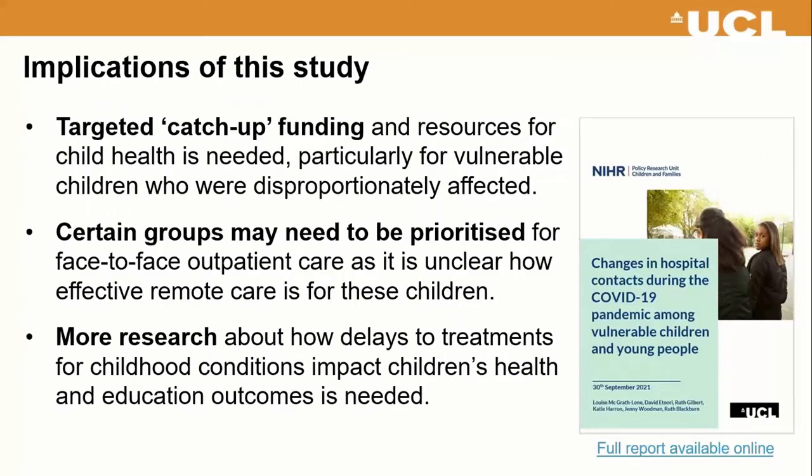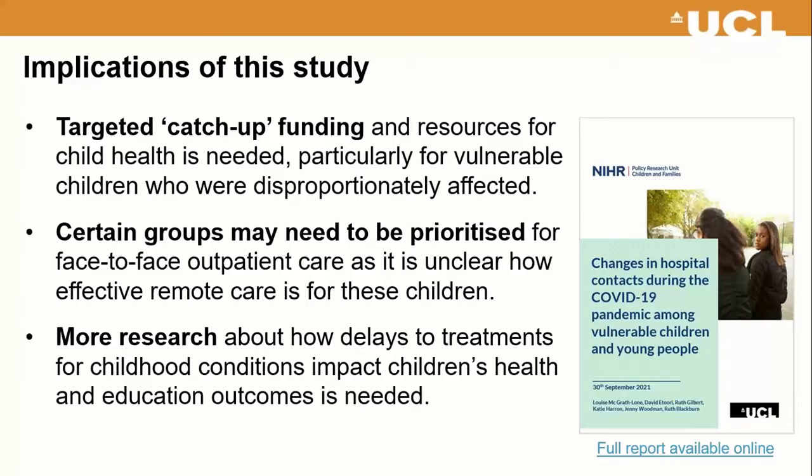So notwithstanding the limitations, there are some key messages that came out of this analysis for us. And the first one is that it looks like some sort of targeted catch-up funding and resources for child health specifically is needed. So a bit like the NHS health and social care levy that's being ring-fenced for care, perhaps there needs to be some similar kind of targeted funding for child health particularly.